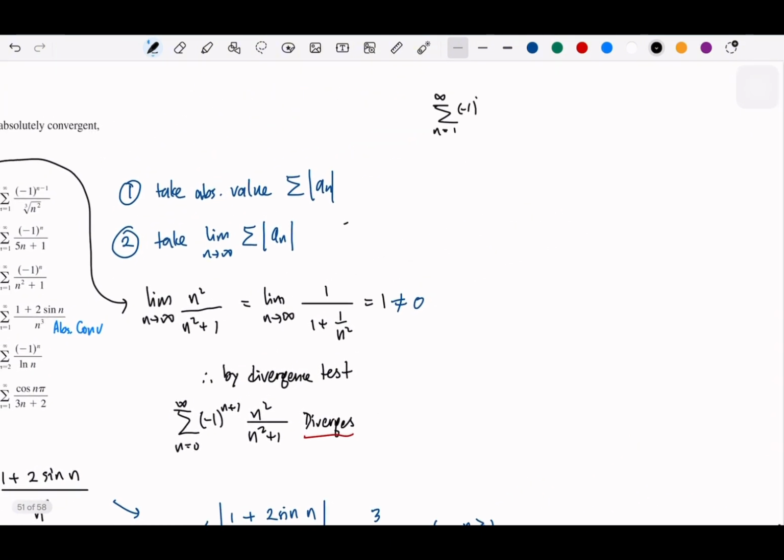So let me write argument 1. By alternating series, this is greater than the next term.